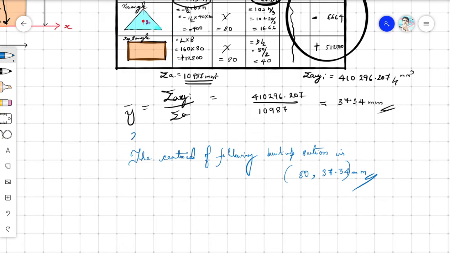And here for x bar, you have to write due to symmetry, x bar is equal to 80 mm. That's enough sometimes whenever there is symmetry.